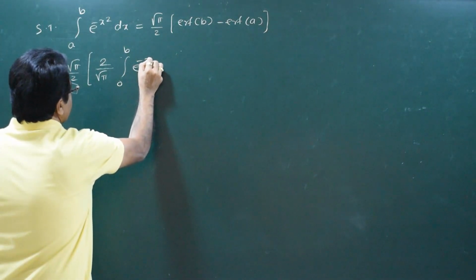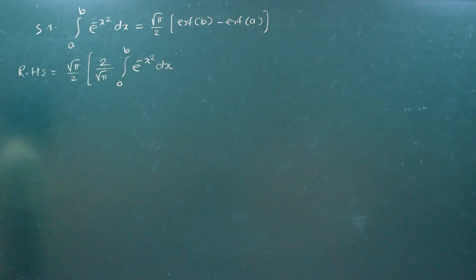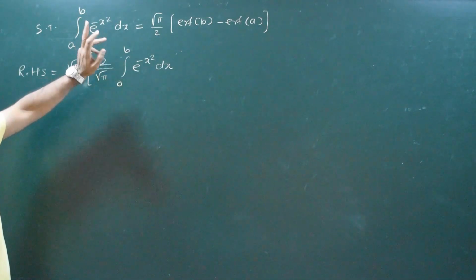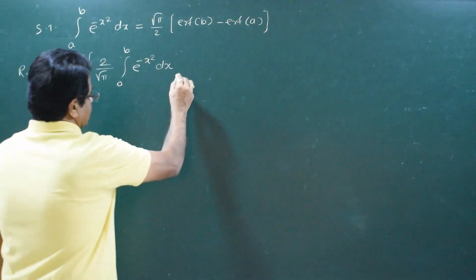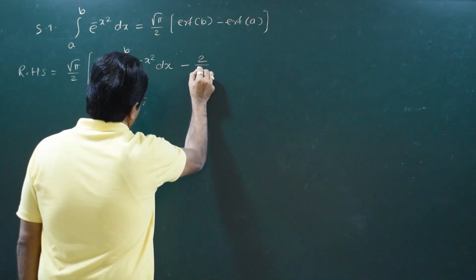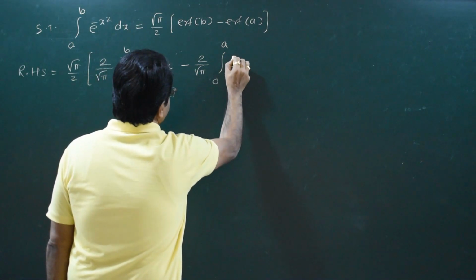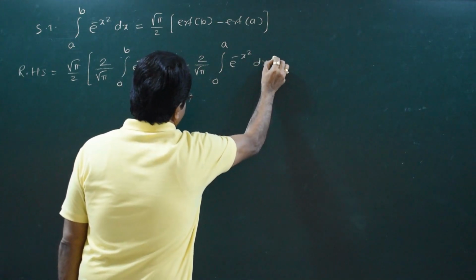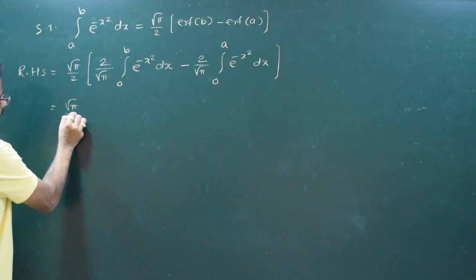Here e raised to minus x square dx, as we discussed earlier, the variable in definite integration is not important. Here we have to give the answer in terms of x, so it is better to take the integrating variable as x. Minus 2 upon root pi integration from 0 to a e raised to minus x square dx, that is equal to root pi upon 2.